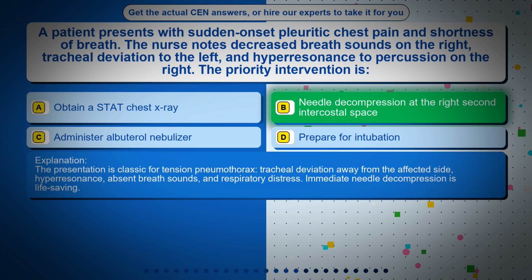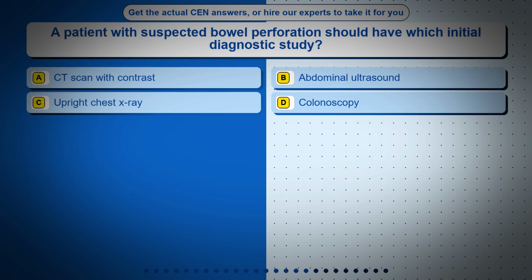The presentation is classic for tension pneumothorax: tracheal deviation away from the affected side, hyperresonance, absent breath sounds, and respiratory distress. Immediate needle decompression is life-saving. Question 17. A patient with suspected bowel perforation should have which initial diagnostic study? Option A, CT scan with contrast.